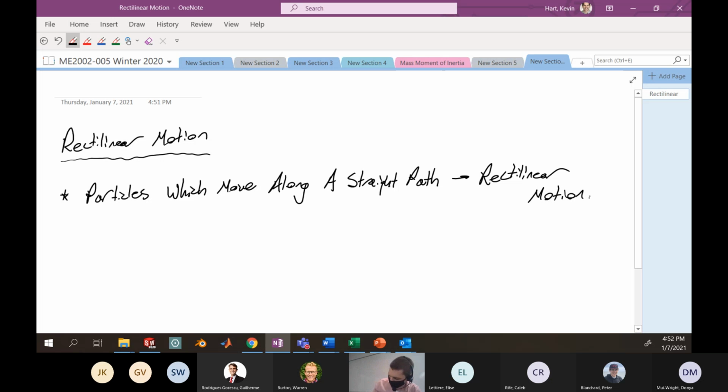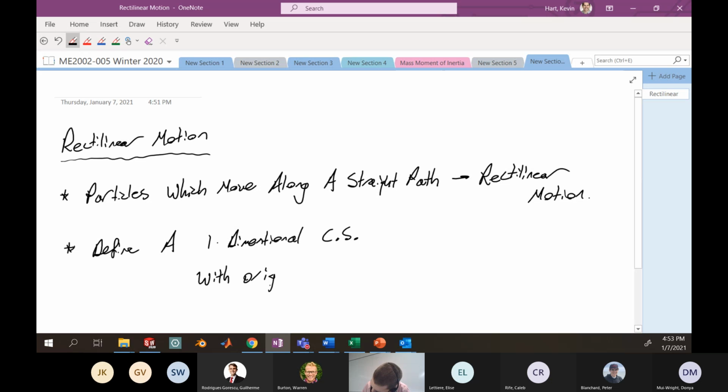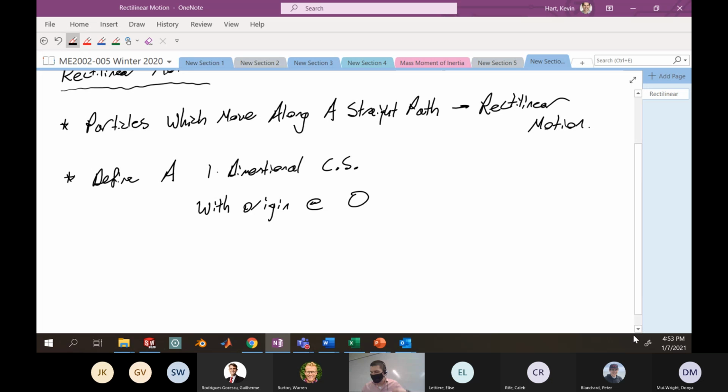So we like coordinate systems in engineering, and we will use a coordinate system to define, for now, our initial tiptoeing into our motion. All right. So let's first define a one-dimensional coordinate system with origin at O. And we'll have one direction here, which is the positive x direction.